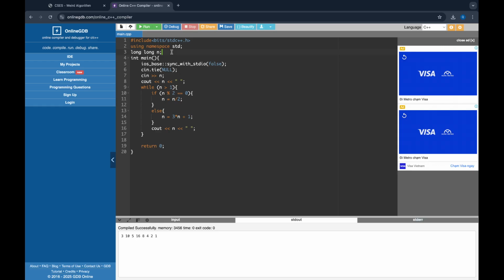It is still an integer number, but the constraint is bigger. Here n is smaller or equal to 10 to this number. Okay, this is a constant number. You have to remember it. Okay, let's run. So see, there aren't any changes.